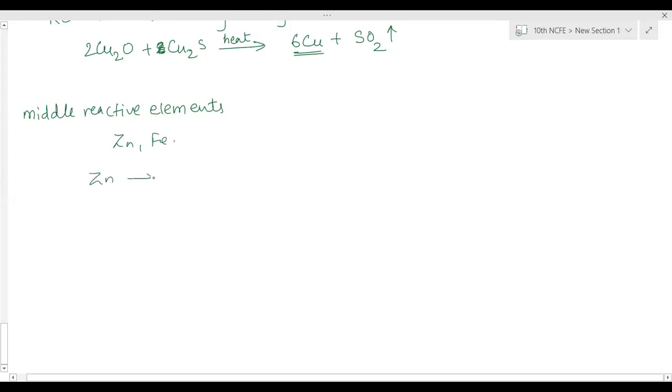Zinc is found in the form of two ores. One is zinc sulfide, which is called zinc blende, and the second one is zinc carbonate, that is calamine. Common name is calamine. So in these two forms, zinc is present.